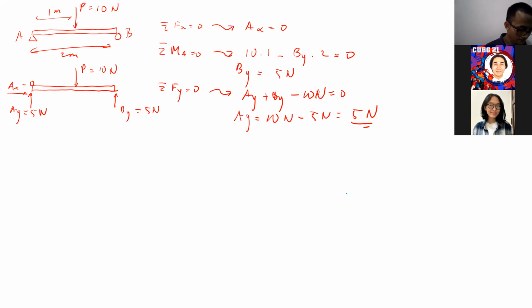I think we need 2 cuts. Yes, correct. One next to A and one next to B. So this is the first cut and this is the second cut, right? Yes, exactly. The first cut will represent this particular region, and the second cut will represent this particular region, right, Naila? Yes, sir. Okay, good.